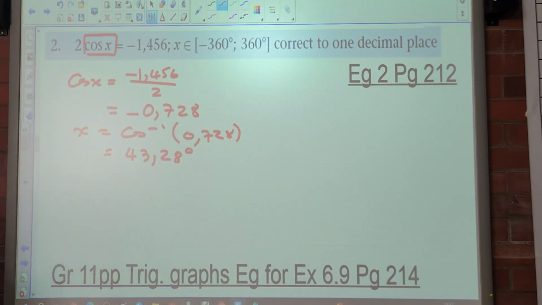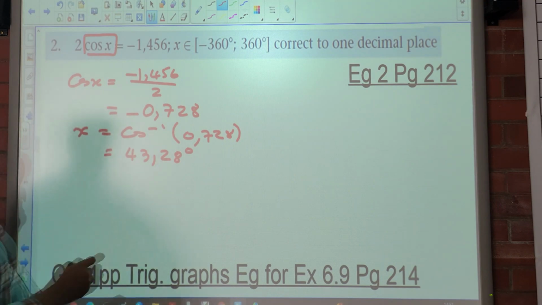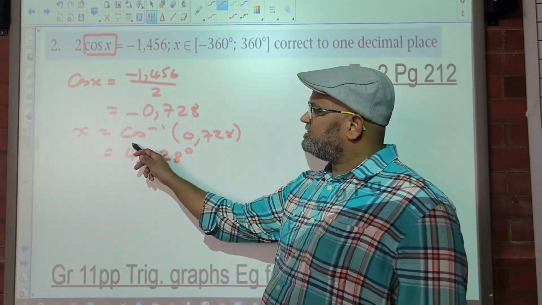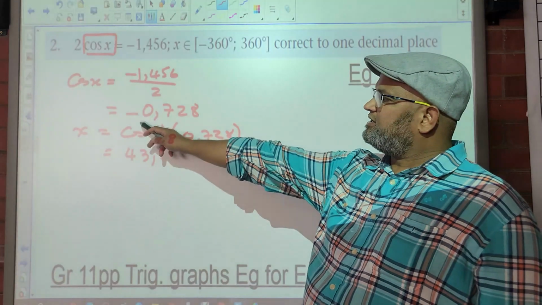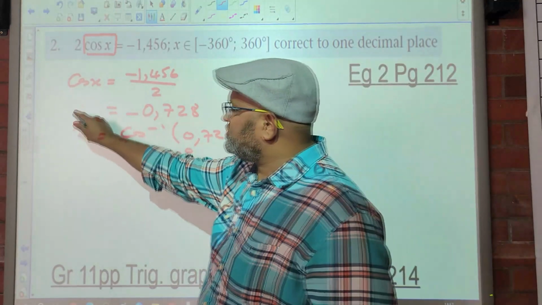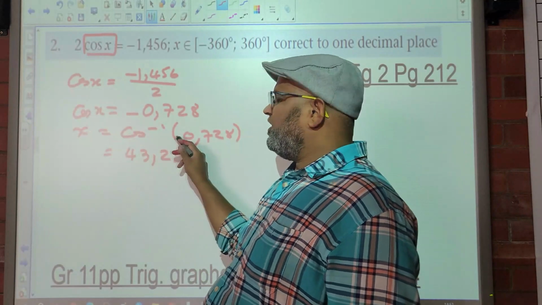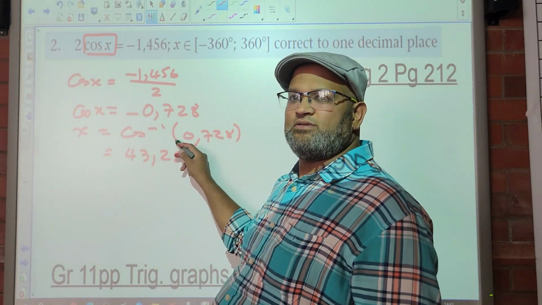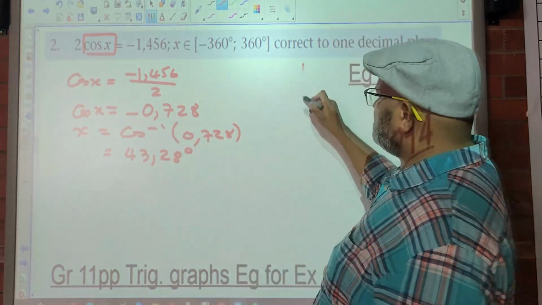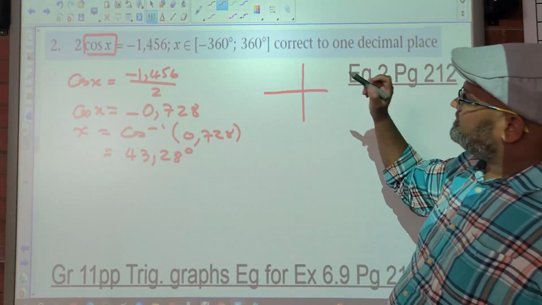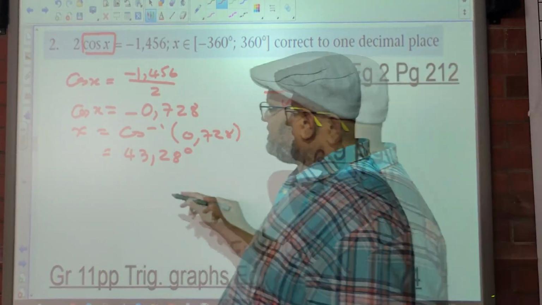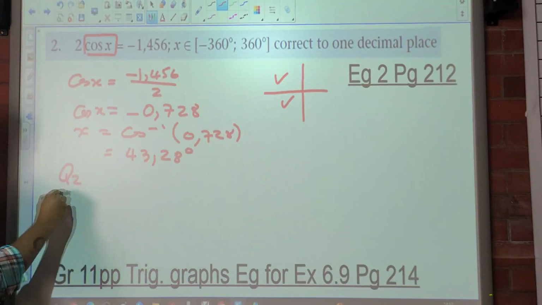Alright, so what do we do now? The question we ask ourselves: in which quadrant is cos negative? We just checked that before we took the half cos into account. In which quadrant is cos negative? 2 and 3. How do we get into quadrant 2? 180 minus.